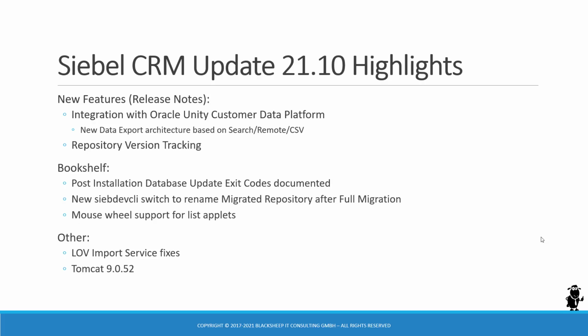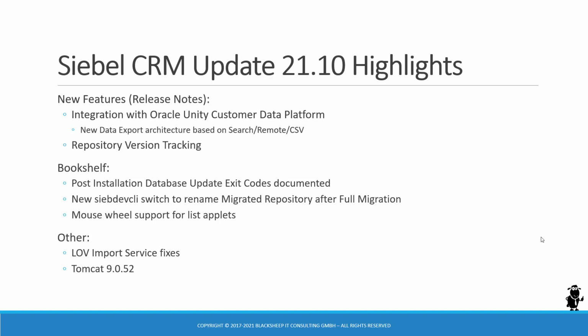Hello and welcome to this edition of the Siebel CRM Update Highlights. It's October 2021 and we are talking about 21.10. So the release notes tell us that there are two new features.